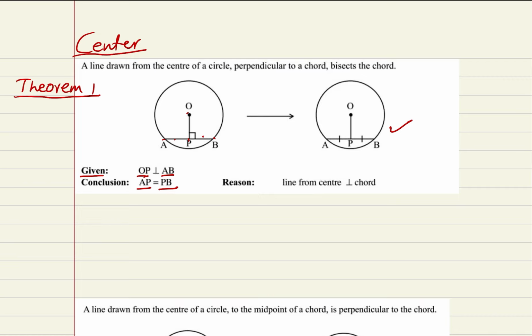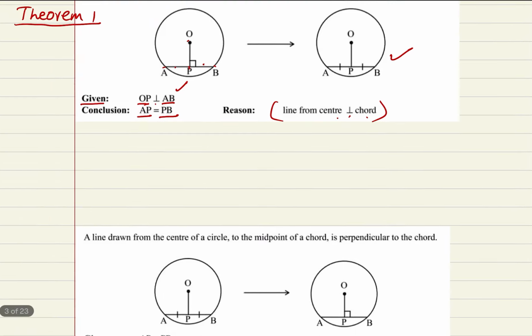And the reason is what we were given: a perpendicular, a line from the center perpendicular to the chord. This is very important, guys. In Euclidean geometry, we deal with the reasons very precisely. If you miss this, you will miss it all.